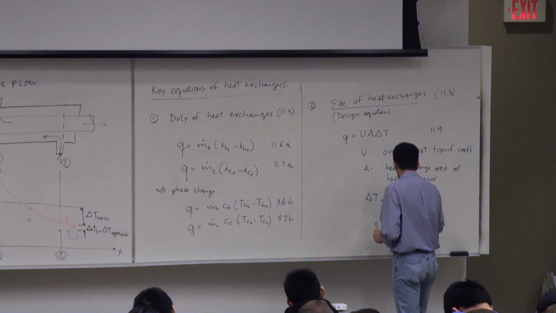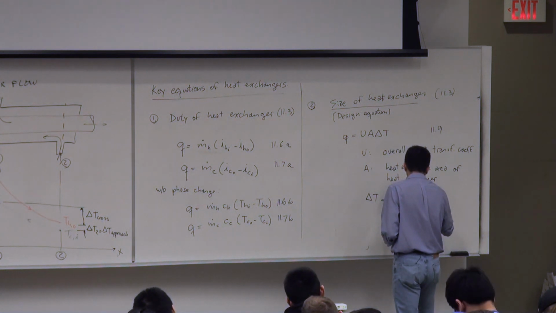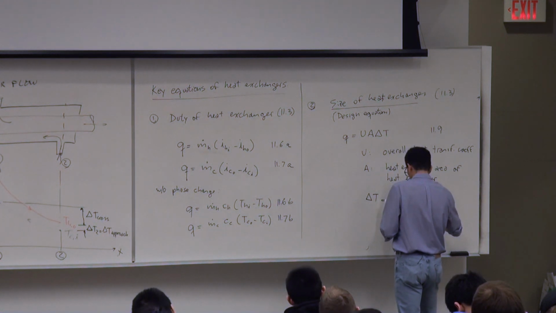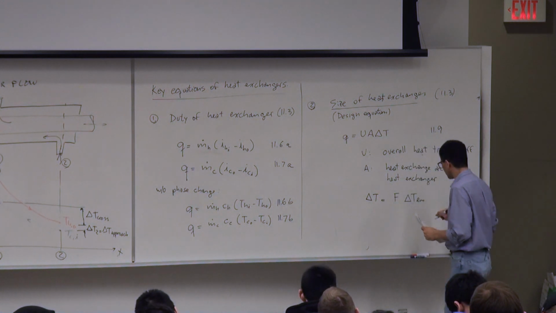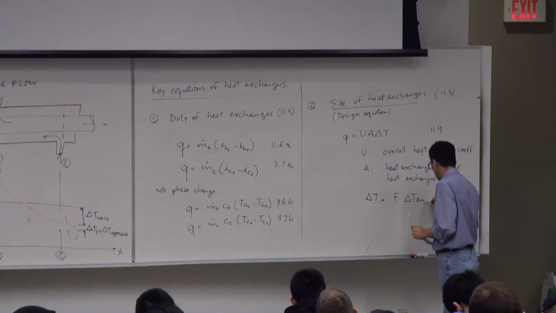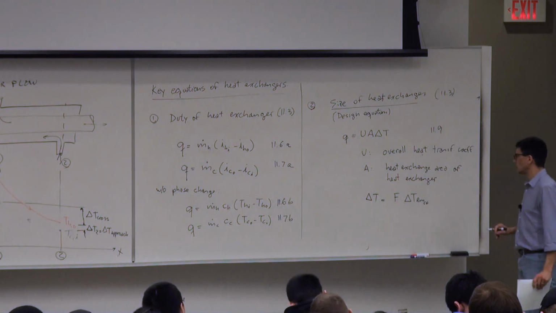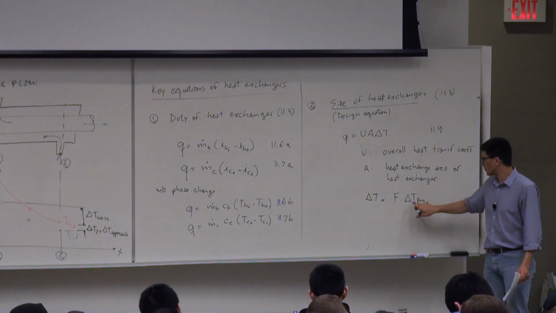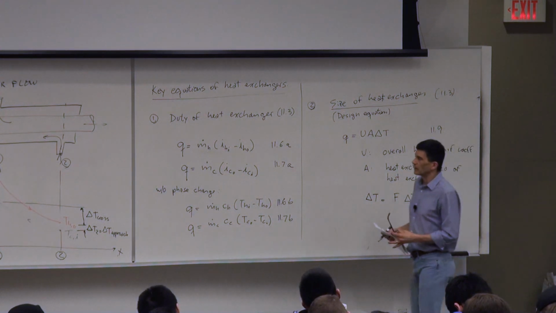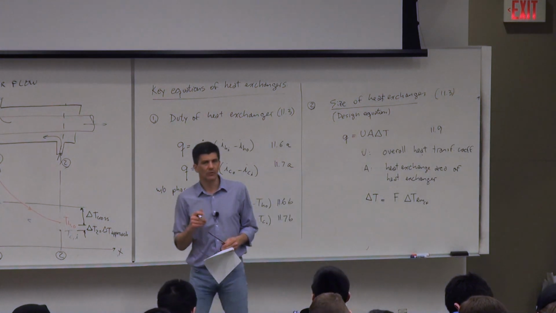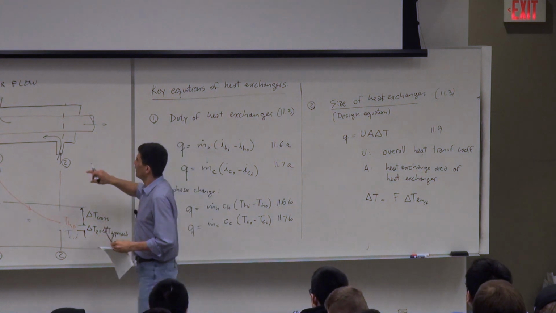This is F. Okay, so what do I have here? Let's start with this delta T, right? Delta T is a change in temperature. When you saw internal flows, Yang went over this.